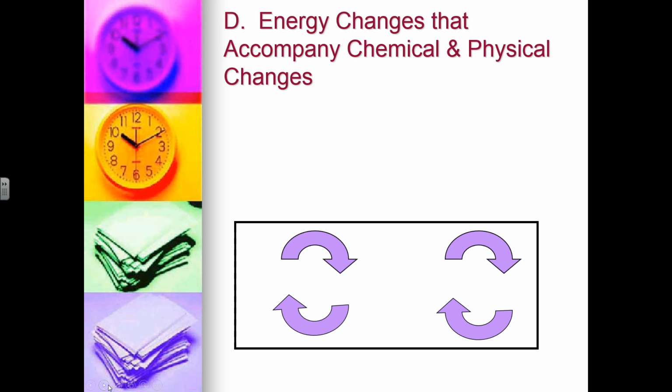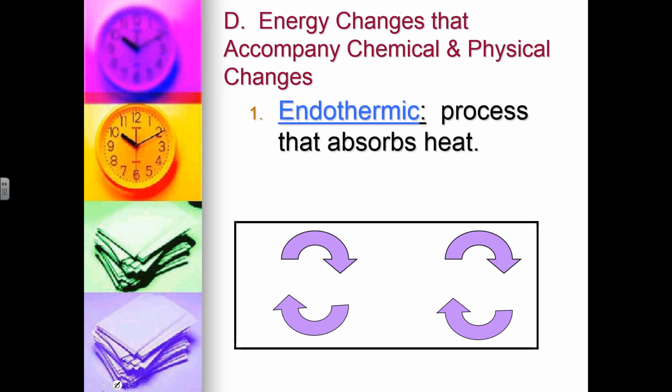Now, I also said that there are energy changes that accompany chemical and physical changes. One of those terms is called endothermic, and an endothermic process is any process that absorbs heat. The prefix here is endo, and then you see the root word thermic. This is where we get thermal.